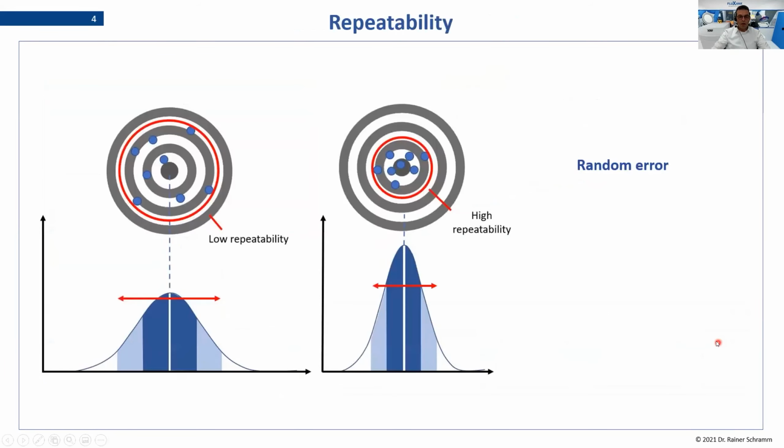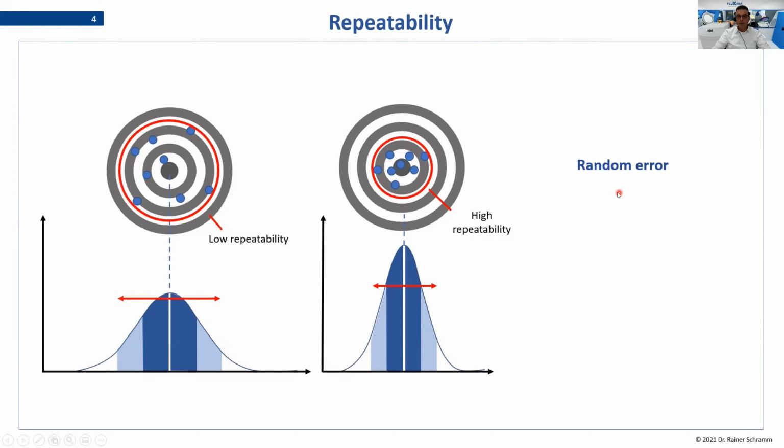The second thing we have to look into is the repeatability. Normally repeatability is determined by measuring one sample several times, and then you get this kind of distribution. Either you have a high precision, then the points are very close to the mean value, or you have a low precision, and then of course you have a very wide distribution.